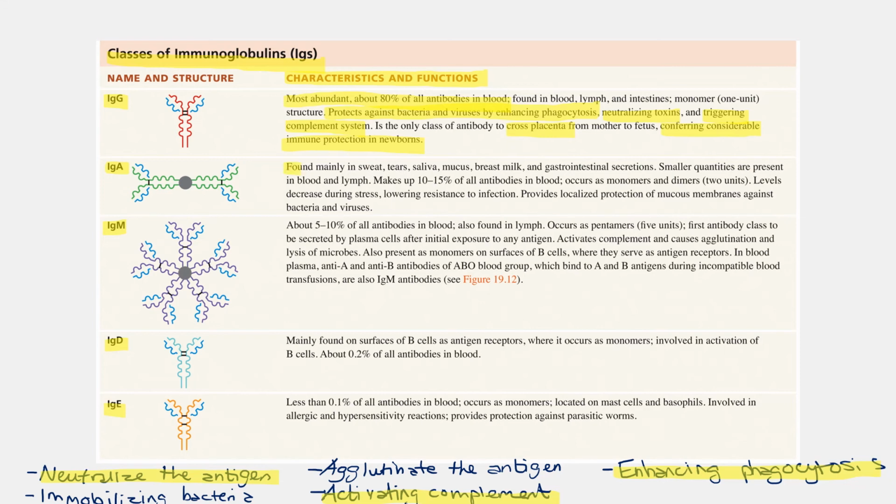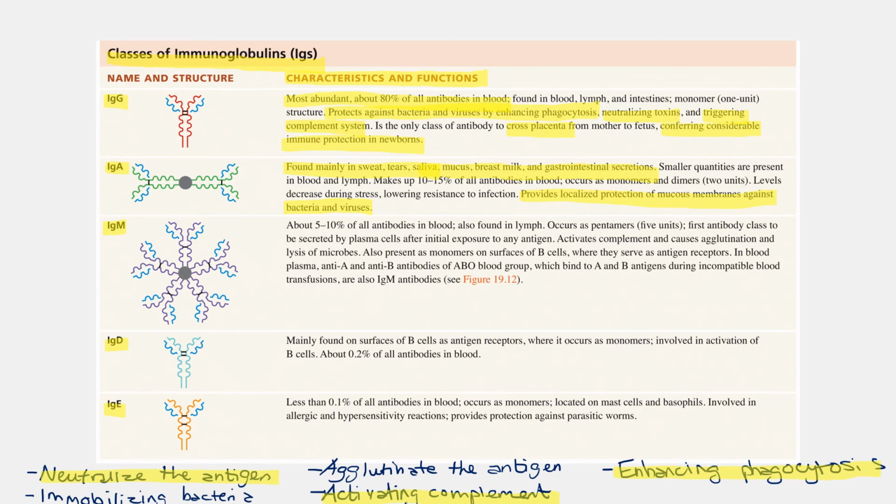IgA is found mostly in sweat and tears, saliva, mucus, and breast milk, as well as gastrointestinal secretions. It provides localized protection of mucous membranes against bacteria and viruses.